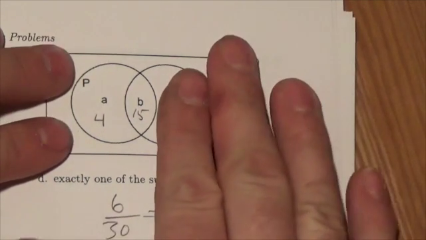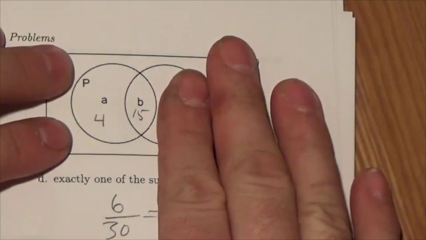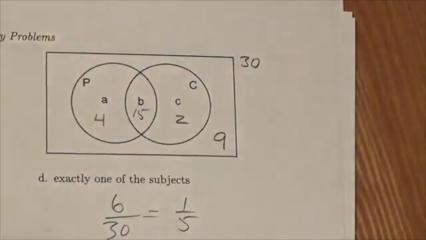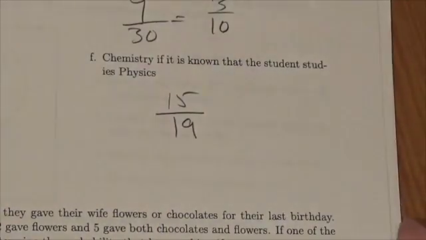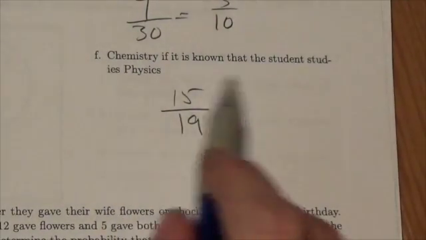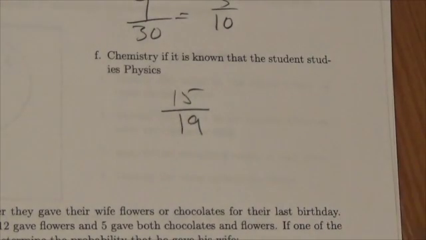In the physics group, there are 19 people total. 15 of them study chemistry. So this is going to be 15 out of 19. In this particular case, because of the way the question's worded, we alter what our sample space is. It's no longer the whole class. It's no longer 30. It's just that group of 19.